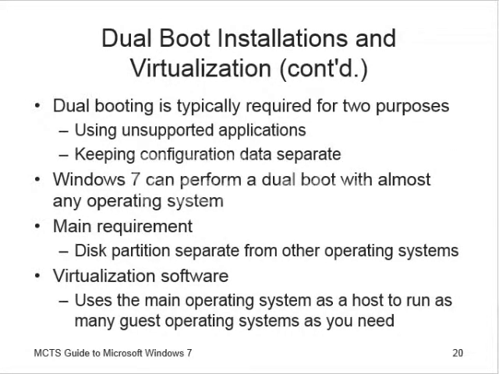The second reason is to keep configuration data separate. Sometimes network administrators want to have this dual boot installation for testing purposes, especially when they are going to apply a new service pack or updates to the operating system.